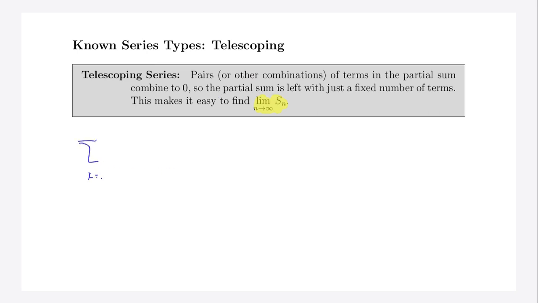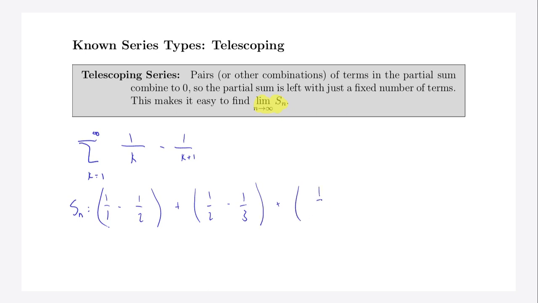So an example might be something like this. I don't know what we've done before, but let's do this. Something really basic like this. We probably did this exact version of it. But the reason that this is nice is that when we write out the partial sum, we have 1 over 1 minus 1 over 2, plus 1 over 2 minus 1 over 3, plus 1 over 3 minus 1 over 4, all the way up to 1 over n minus 1 over n plus 1.